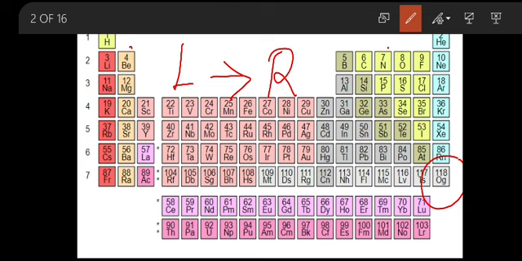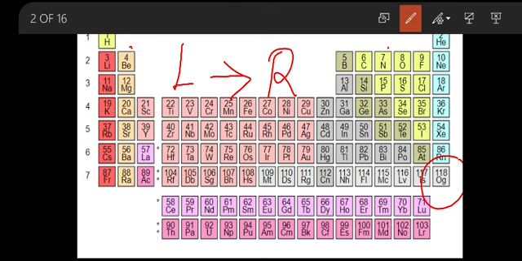The elements are all grouped into the periodic table based upon some similarities. To read these elements, you should always go from left to right as the number is indicated.